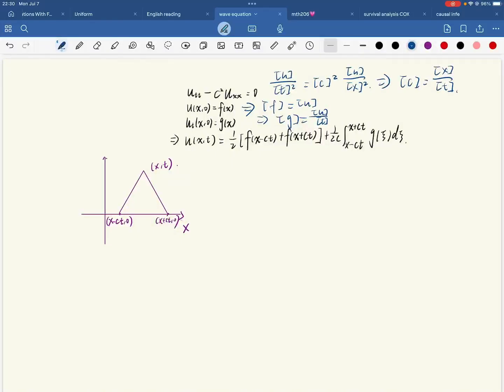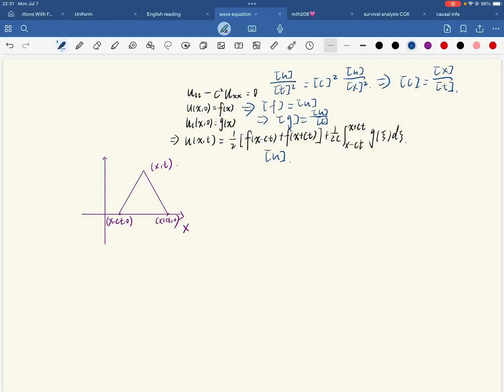Now let's see this. We know that f equals u, so the dimensions actually agree. Since the x and the ct are dimensionally in agreement, they can be added together.